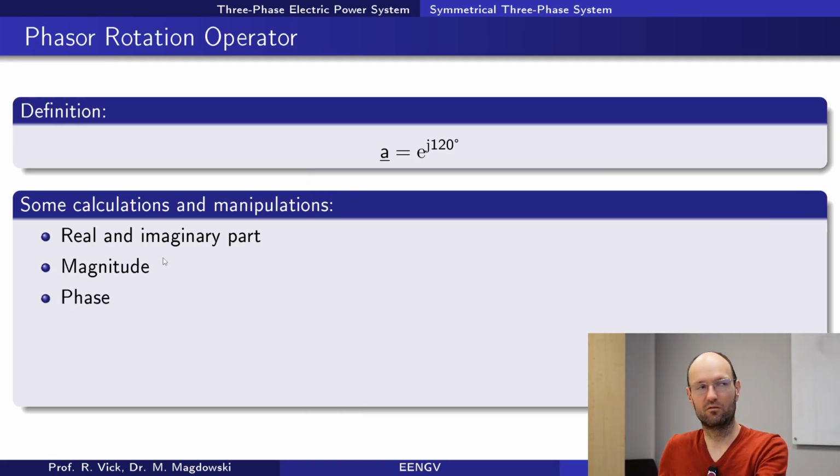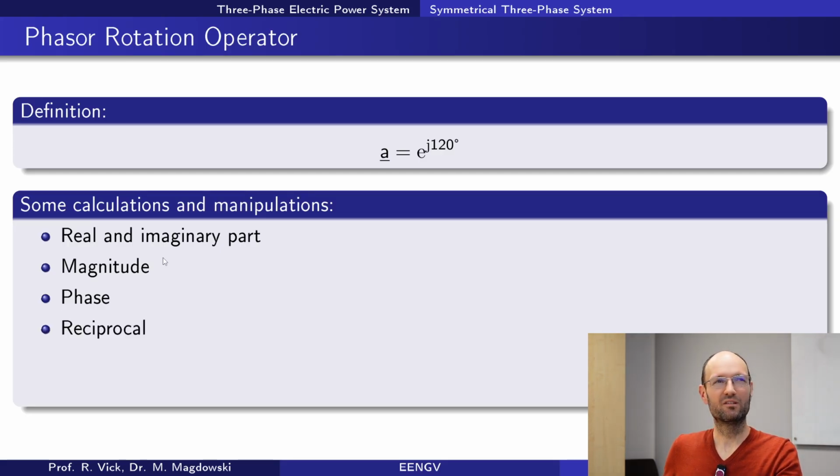Okay, so what else can we do? What is the phase of this? 120 degrees. So what is the reciprocal value, 1 over a? If we calculate 1 over this exponential function, if you divide by a power, it's the same power but with a negative exponent.